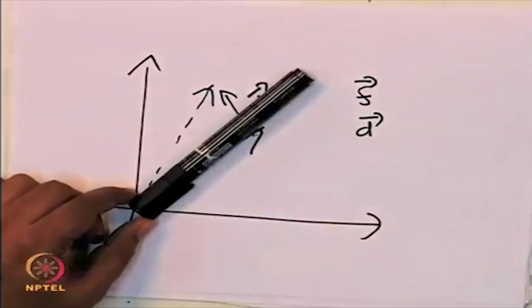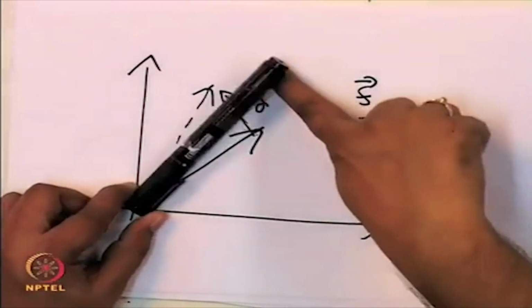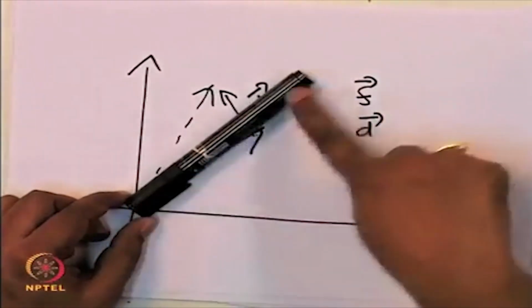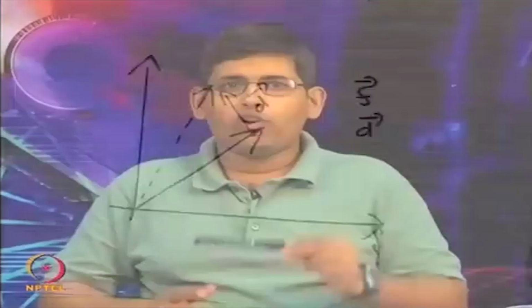I can rotate it more by applying a force here. The torque is essentially the product of force and the distance from the pivot around which it is rotating. Like all of you might have seen, when you try to open a door, the force you apply on the handle makes it rotate.